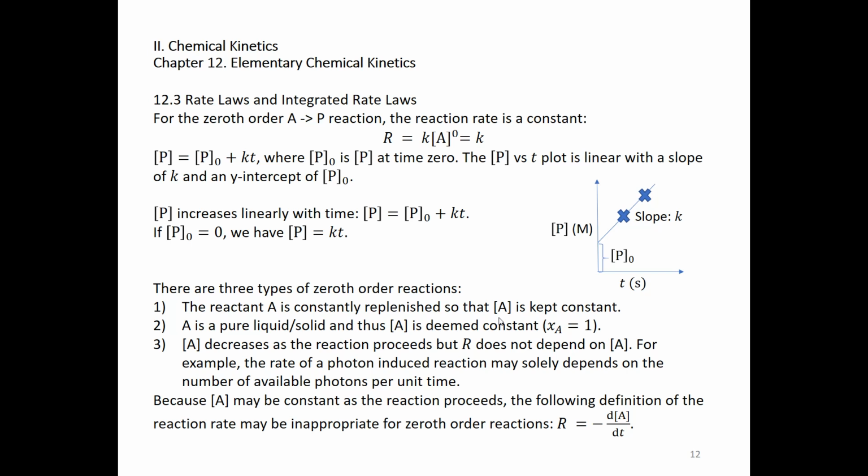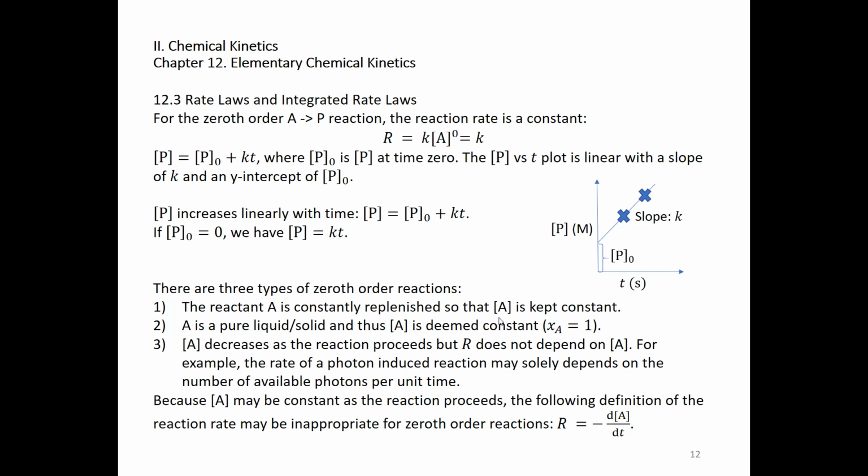Reason number 3, A decreases as the reaction proceeds, okay, but R does not depend on A. For example, if we have a reaction that's induced by photons, and only if A absorbs a photon can a reaction take place, and we have fewer photons than the number of A's, then the reaction rate solely depends on the number of photons provided to the system per unit time, right?